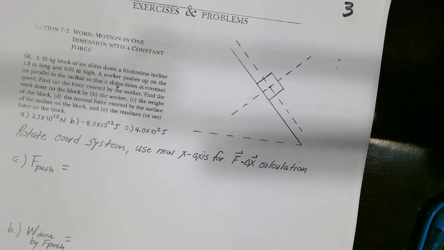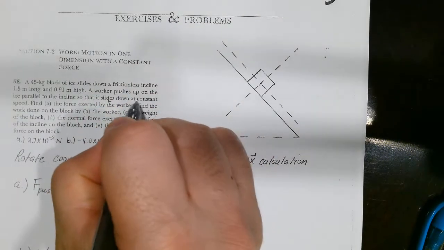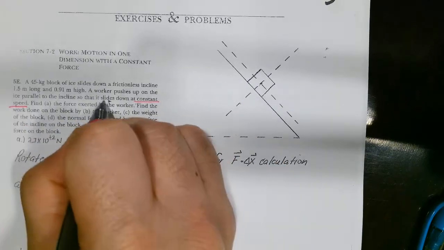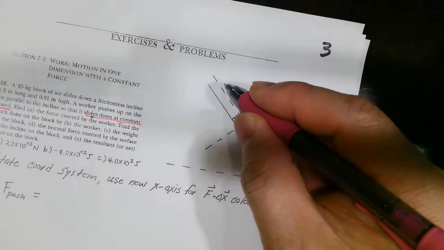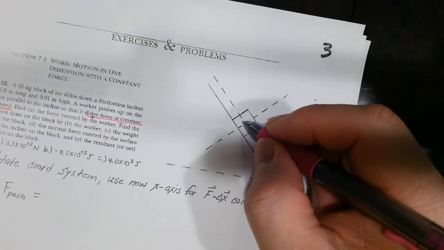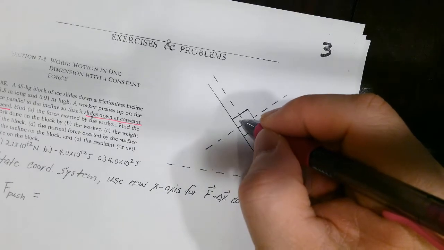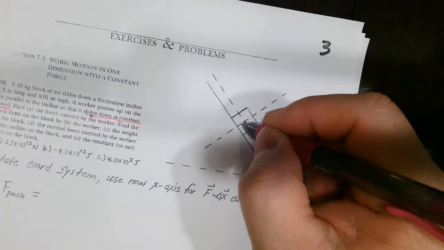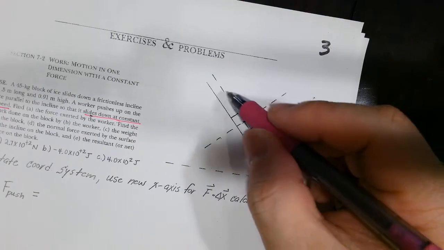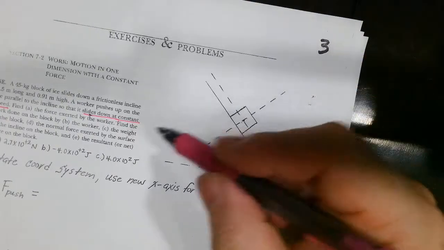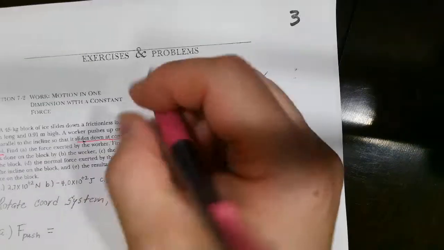So a worker pushes up on the ice parallel to the incline so that the ice slides down at a constant speed. Okay, so the man is pushing this thing upwards and the ice is sliding downwards, and delta x is downwards and Fgx is downwards. But the net force in the x direction should equal 0 because it's coming down at a constant speed. Okay?